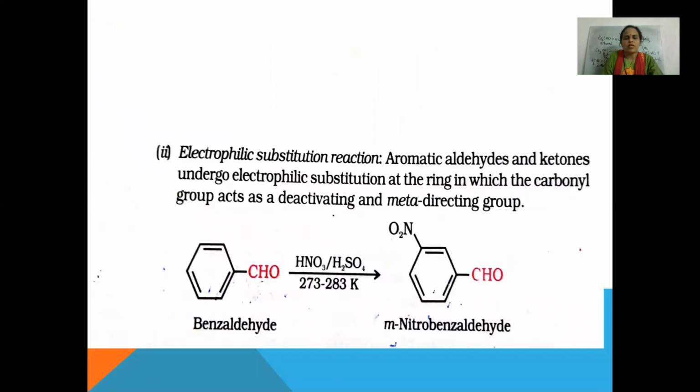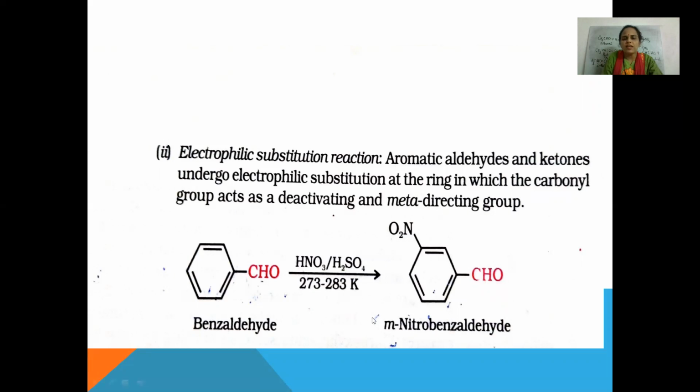Next type of reaction I come to is electrophilic substitution reactions. So aromatic aldehydes and ketones undergo electrophilic substitution at the ring, in which the carbonyl group acts as a deactivating and meta-directing group.